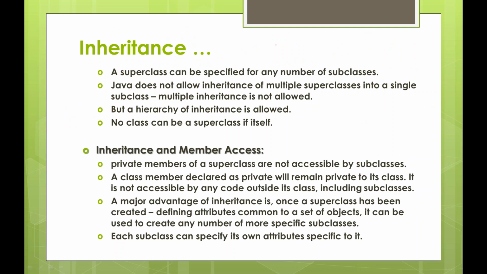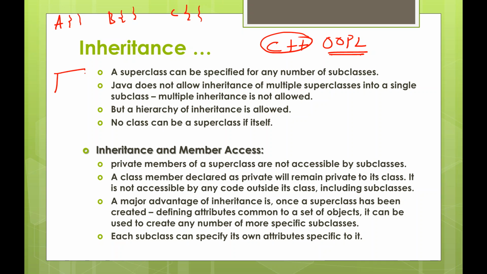Just for reference, C++ is also an object-oriented programming language. Say for example you have A, B, and C. C is a class that can extend the A class as well as the B class.